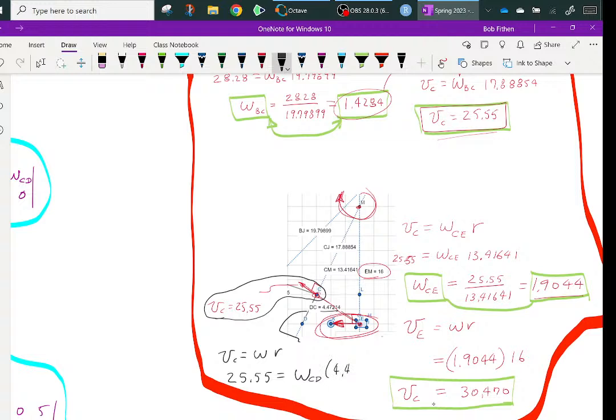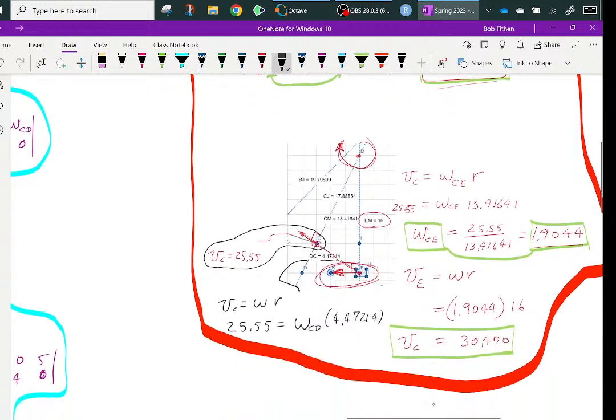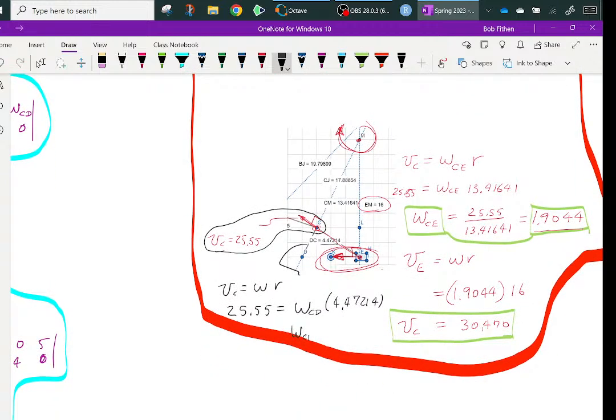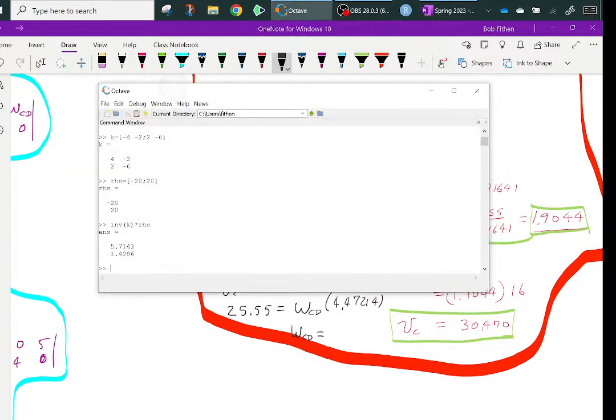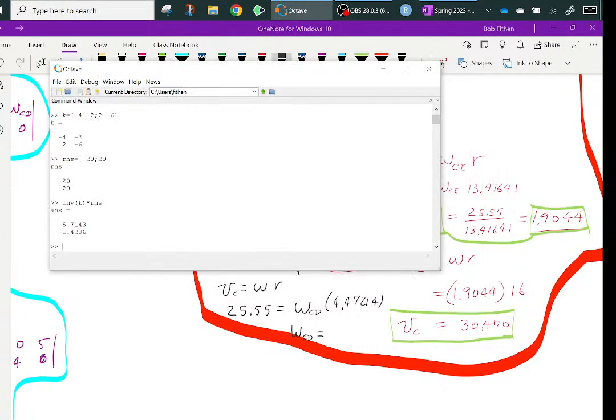Yeah, I didn't find it at all. So omega CD is equal to 25.55 divided by 4.47214, which is 5.7131.